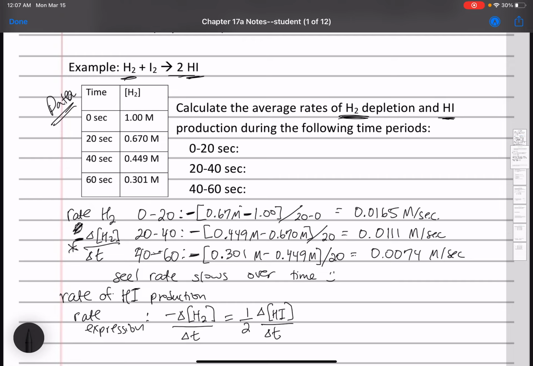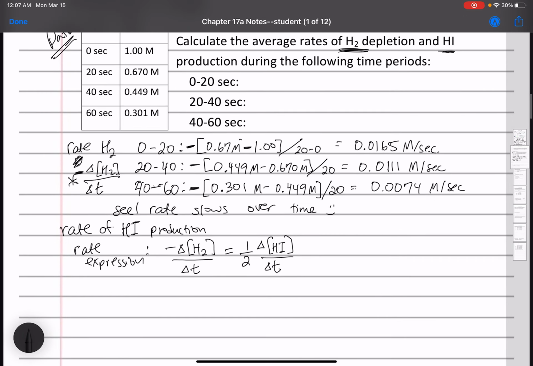Okay, another way to think about this, if this is the rate of H2, all right, it is going to equal 1/2 the rate of HI. Or, in other words, if we multiply both sides by 2, then we could say that the rate of HI is 2 times the rate of H2.